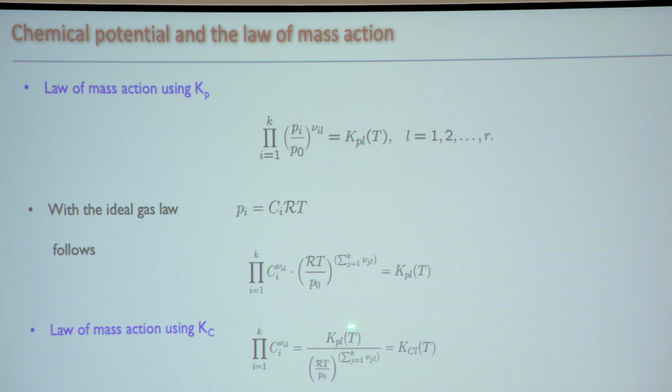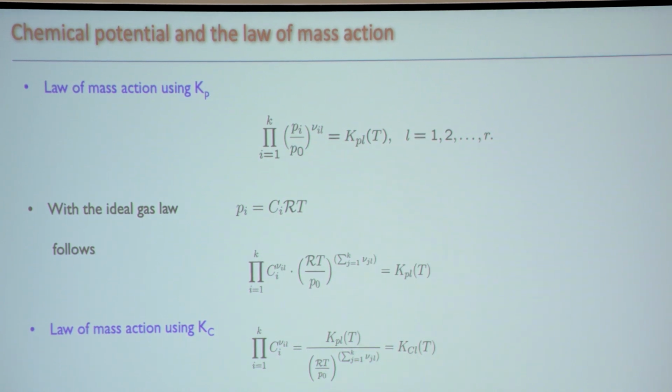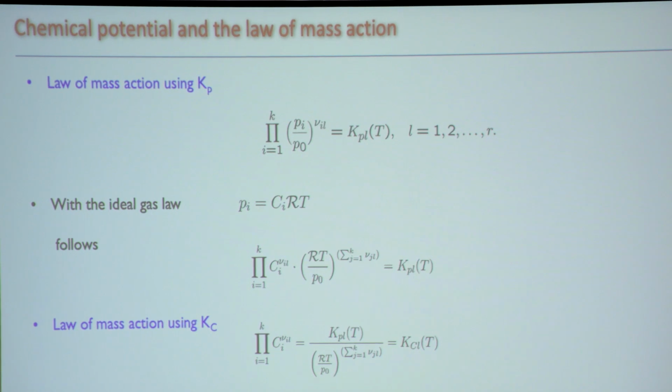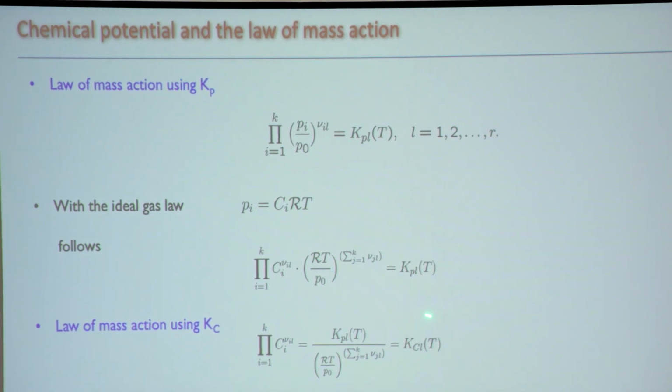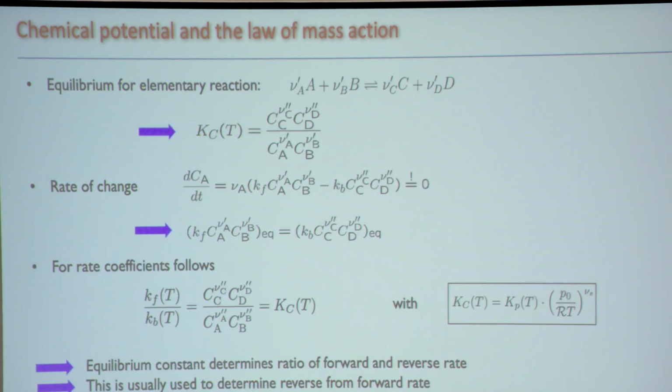And we call this quantity, the equilibrium constant Kp divided by this RT to the power of basically the sum of all stoichiometric coefficients, Kc. That's just a different form of the equilibrium constant. Kc and Kp, and it's easy to convert them knowing the reaction.